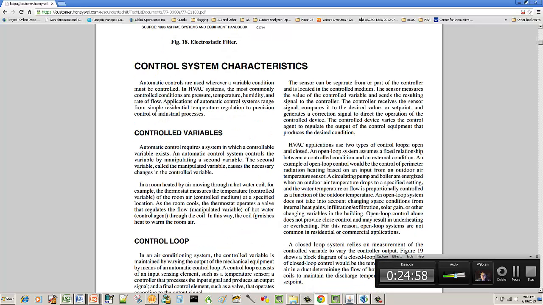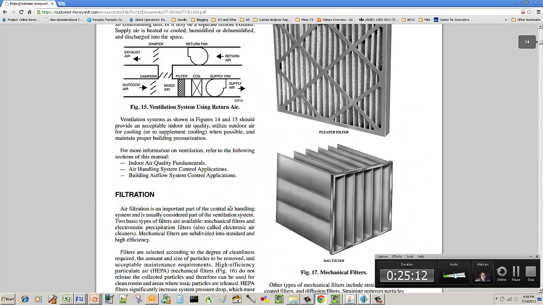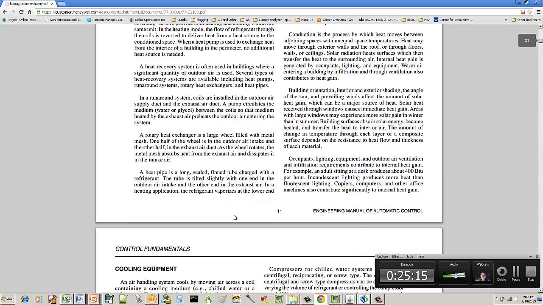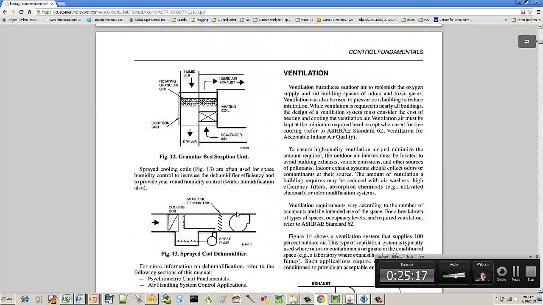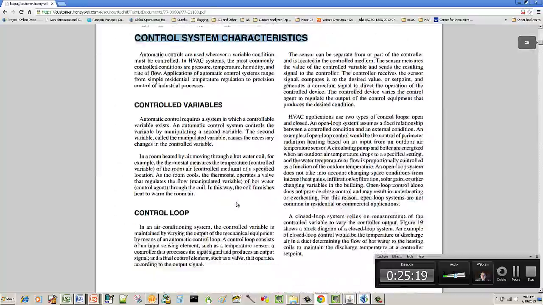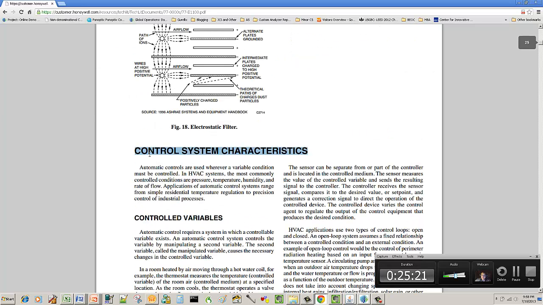Alright, it has been 24 minutes and we did not get through the first chapter. We are now on control system characteristics. Now, for the sake of time, because I know most people won't watch this if it goes past 30 minutes, I'm going to stop here. So if you're reading along in the book, you will want to have read all the way to page 15.